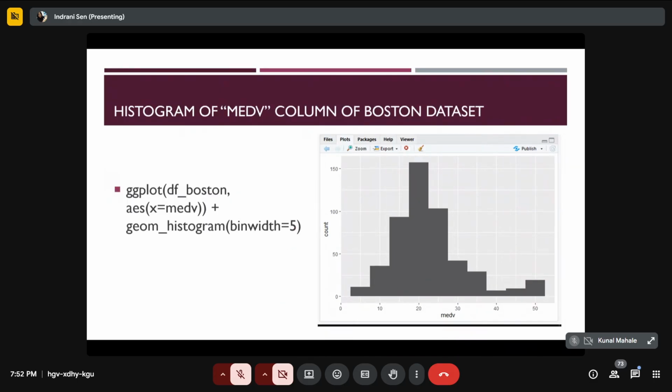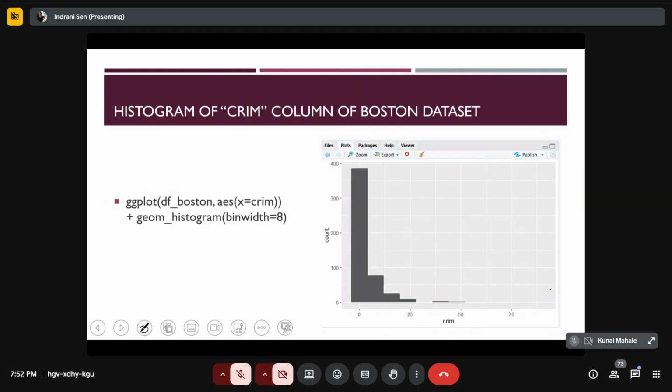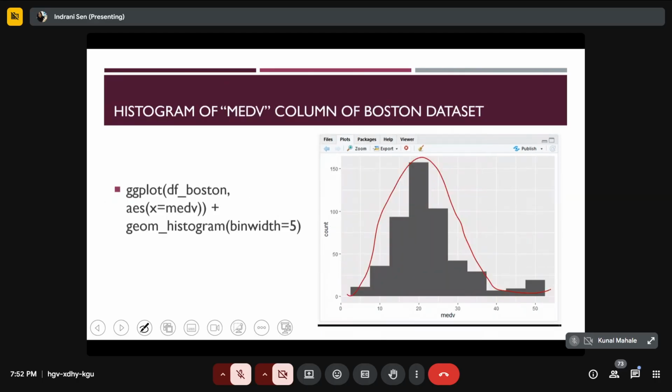Just don't focus on the code, because this code is R code. You can see how the distribution looks, and there is a tail on the right hand side. This is the distribution of the MEDV column of the Boston data set, and this data is right skewed. That means the mean is more than the median, and we have outliers.